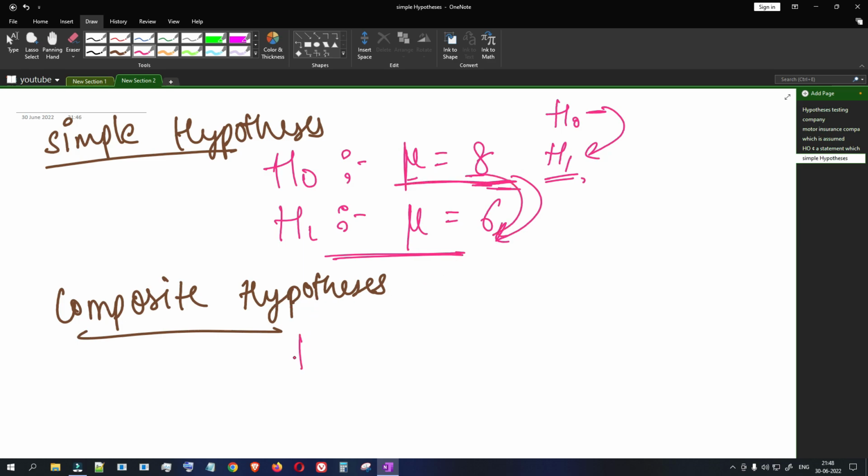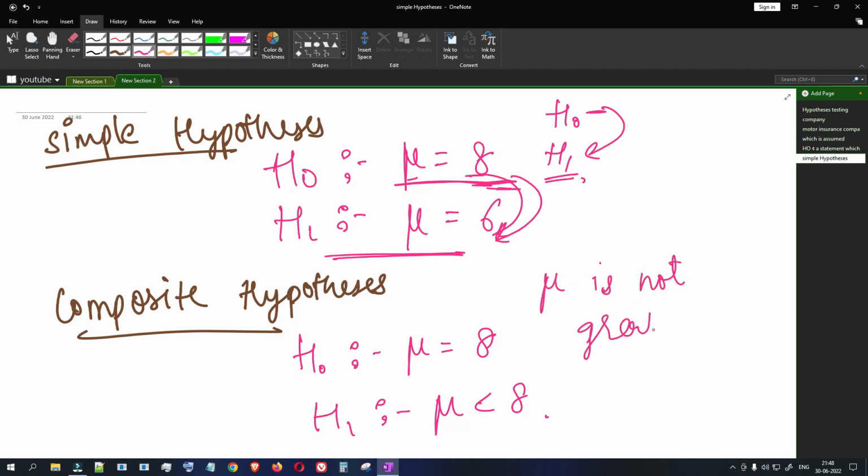Composite hypothesis is, let's say, H naught is mu equals 8 and H1 is mu is less than 8. Here we are sure enough that mu is not greater than 8, but it can be equal to or it can be less than 8, howsoever. Like this could be anything.